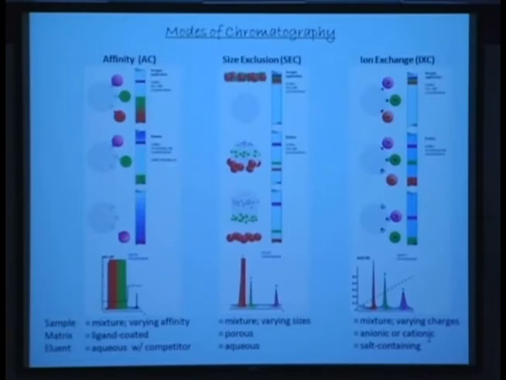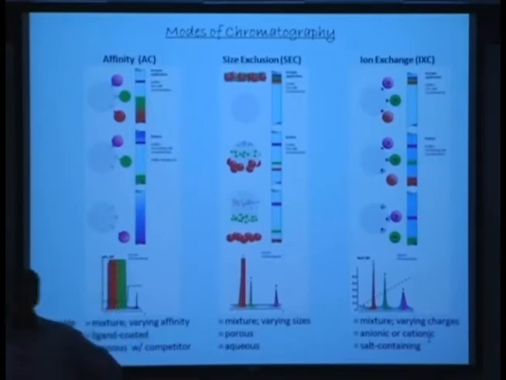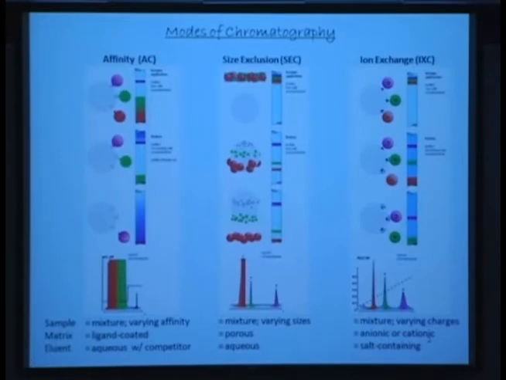So as far as resolving carbohydrates is concerned, imagine that the sample is simply a mixture of carbohydrates, and what we have loaded is a protein of interest to which we expect one or more of the carbohydrates to bind. Under appropriate conditions, these would bind, and then you elute with a buffer containing an appropriate competing ligand, or a change in the condition. It could be a pH change where the interaction is disrupted. It could be a change in the salt concentration. It could be a change in other conditions that might disrupt the interaction.